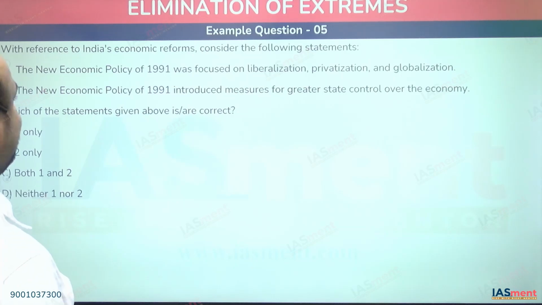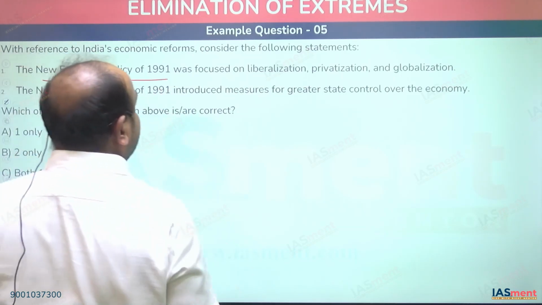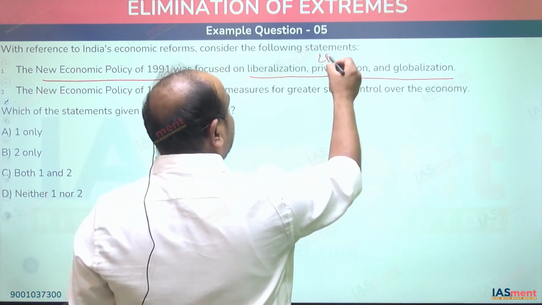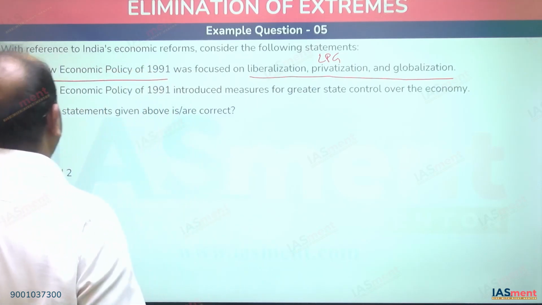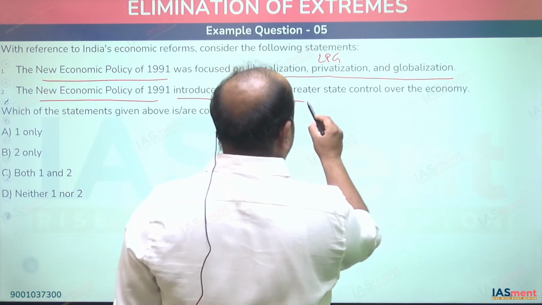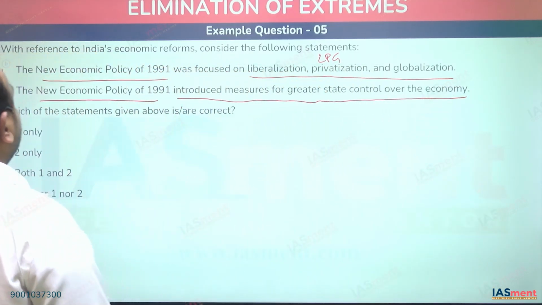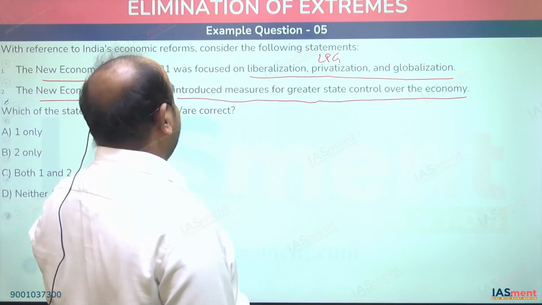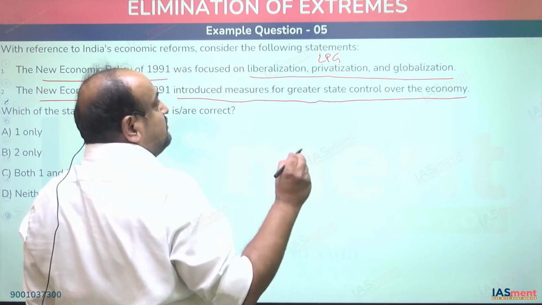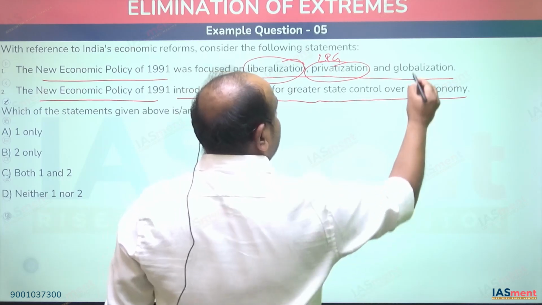With reference to India's economic reforms, consider the following statements. The new economic policy of 1991 was focused on liberalize, privatize, globalize, meaning it was focused on LPG. The new economic policy of 1991 introduced measures for greater state control over the economy. Now, one statement is saying that the economic policy was focused on liberalization, privatization, and globalization.